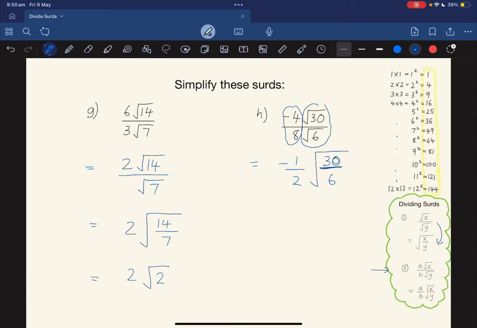Because that looks right bad. 30/6. Negative a half. 30 divided by 6 is 5. And you could, if you wanted to, write it as negative root 5 on 2. Same thing, right? And that's all that I have to show you.